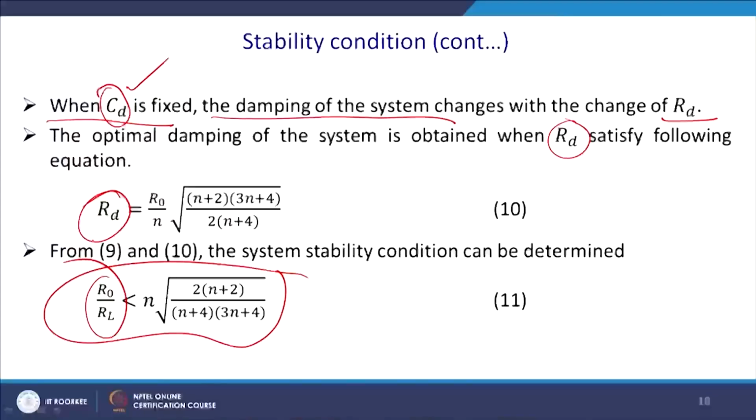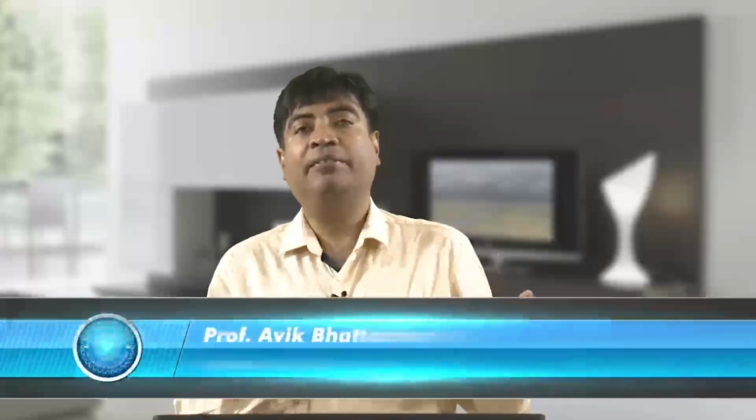So, n value is 100, and accordingly you will have a R d. Thus you come to the conclusions, and you require to design properly what should be the value. Please note that this capacitor C d should be around 50 to 100 times higher than the value of the filter capacitor C, then only this will work fine.